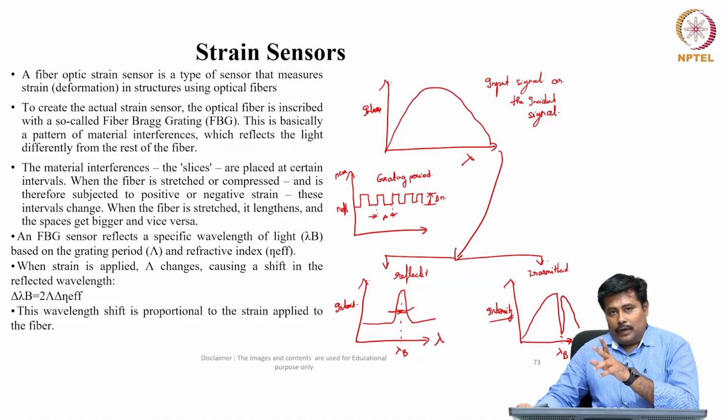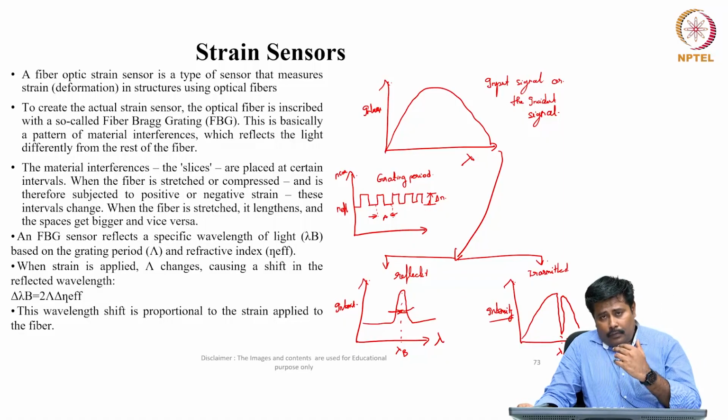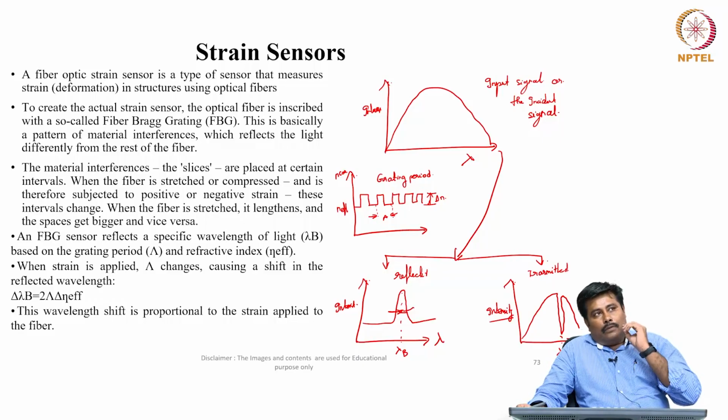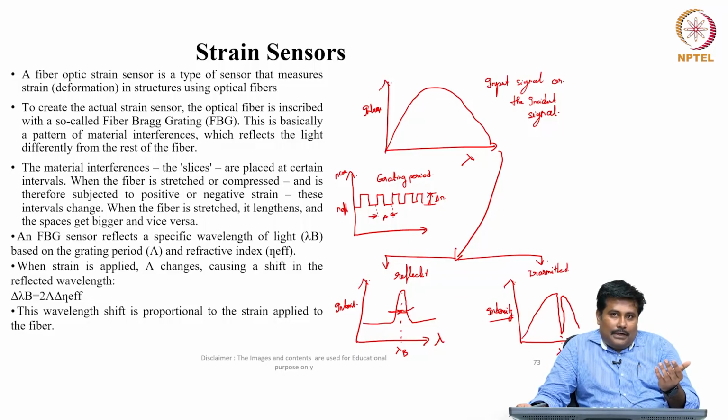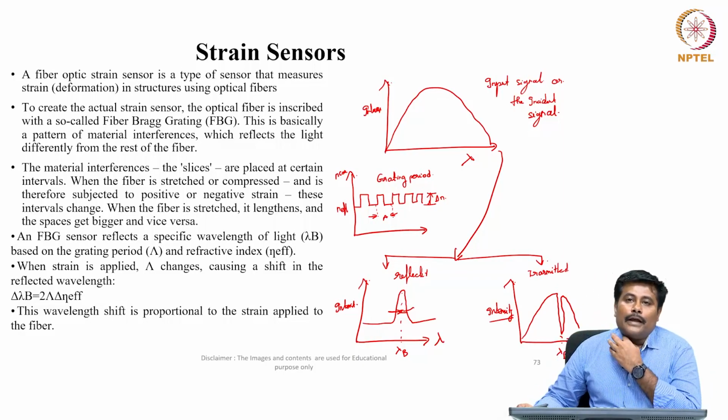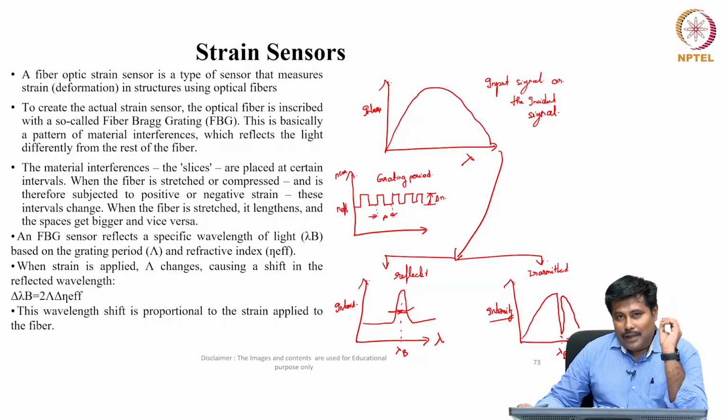So, ideally when we try to look into the overall sensing capability of an optical fiber, one way of sensing can happen through an intensity modulation, another way of sensing can happen through wavelength shift. So, with fiber Bragg grating we can deploy the wavelength shift, however without fiber Bragg grating, we will be having a kind of an intensity modulation.